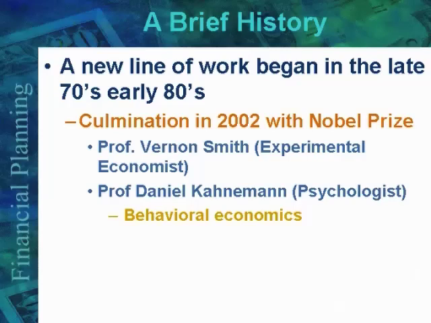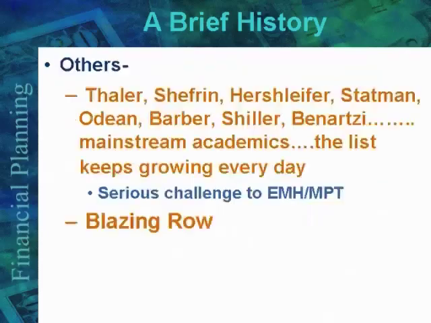And I'm sort of lucky to have worked under him when I was a PhD student in Arizona in his experimental labs doing behavioral finance work, and that's where I started getting interested in this stuff. And Professor Daniel Kahneman, he's a psychologist, and he's out of Princeton, and he and another professor called Tversky, and we'll come to them, provided a theory that we'll look at in some depth.